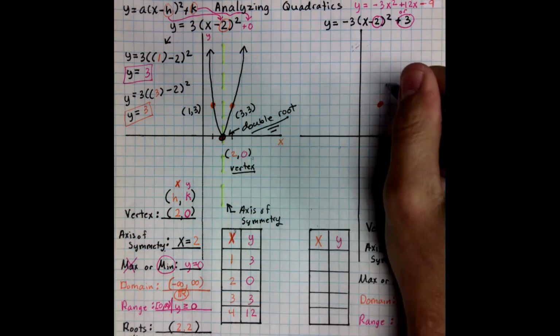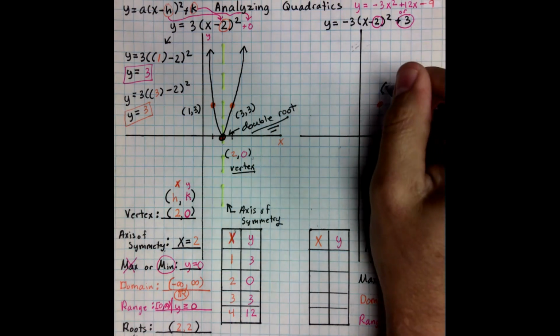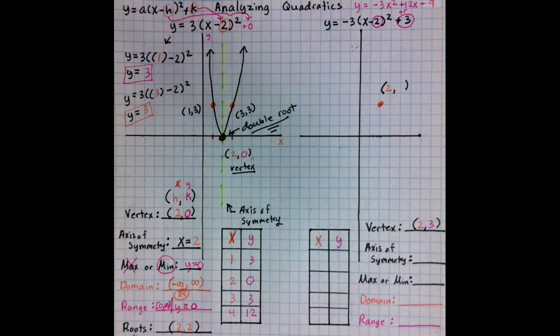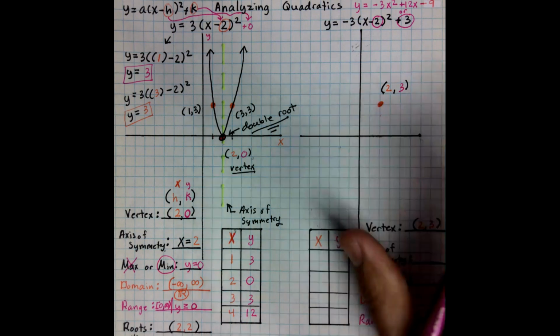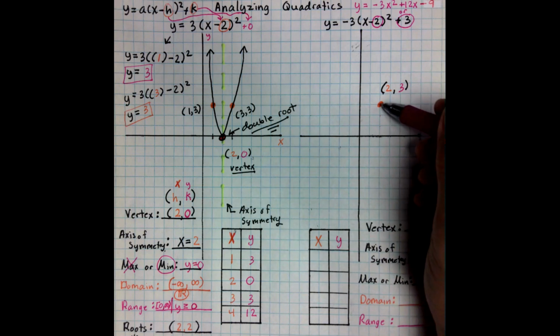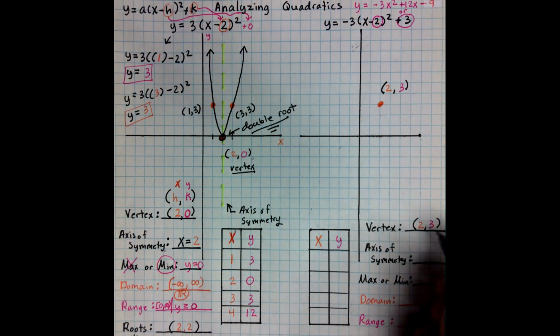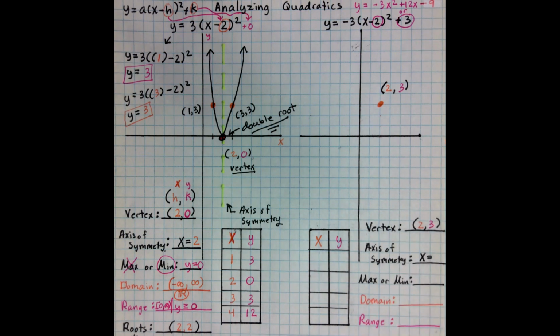So the ordered pair for this is going to be 2, 3, because that's its location. Now, without even graphing anything, we already know that the axis of symmetry is going to go straight through this point. It's going to be in relation to x, and it's going to be the x value of my vertex. So I can say x is going to be equal to 2.